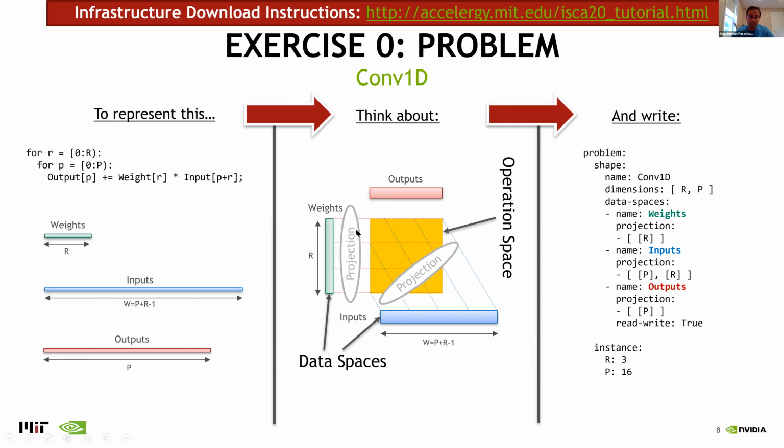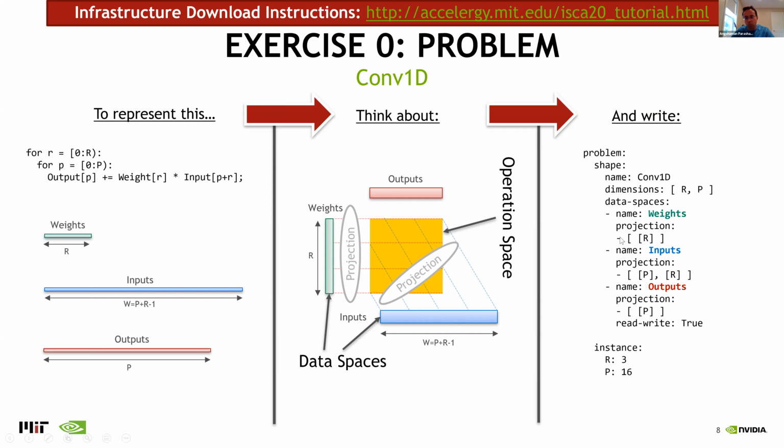You may have a specific mapping that looks like this, but in general, the operation space has no ordering between its dimensions. So these are the dimensions. Then you set up the different data spaces, which in this case are weights, inputs, and outputs. In this projection key, you're setting up these projections, which are effectively the indexing expressions over here.